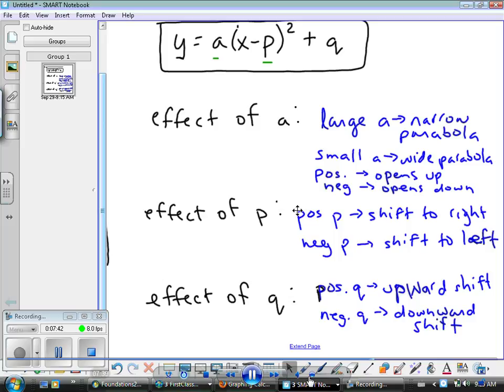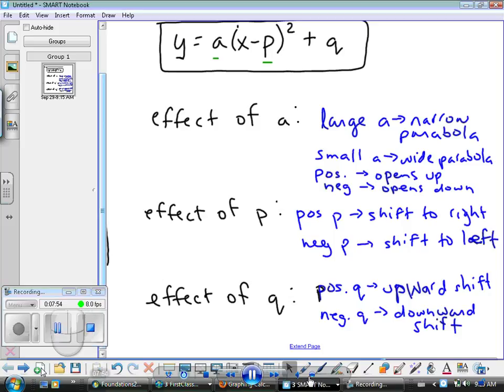Okay, so those are the three variables in there. When you actually have an A, P, and Q value, you're still going to have an X and a Y, but it's A, P, and Q that are going to determine what your parabola looks like when you graph it.